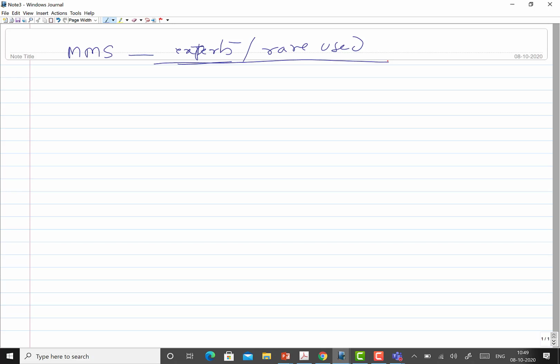One typical motion study based technique is the SIMO chart. Okay, this is basically a film analysis based technique.